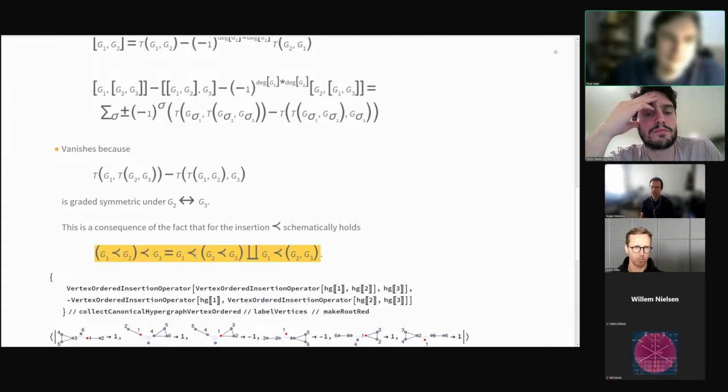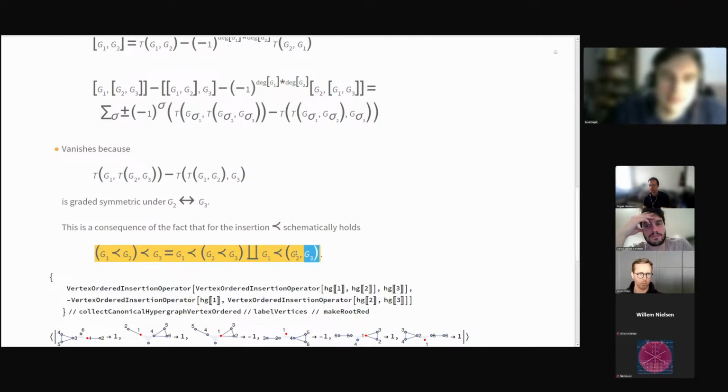Either you insert it to the part which belongs to G2, and in that case it is the same as if you inserted it to G2 first and then you inserted the result in G1. Or you insert it to the part which corresponds to G1, and in that case it is the same as if you were inserting G2 and G3 to G1 at the same time at different vertices.